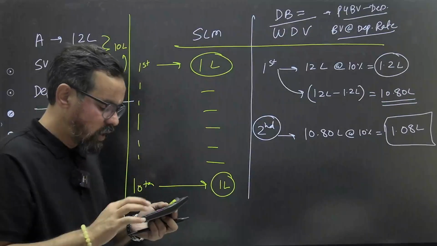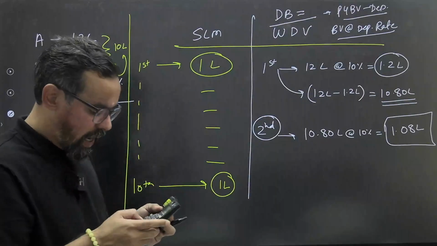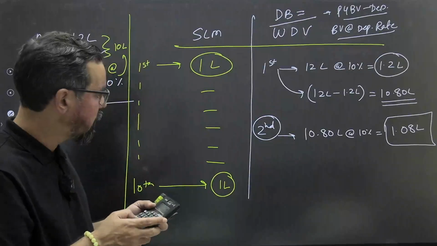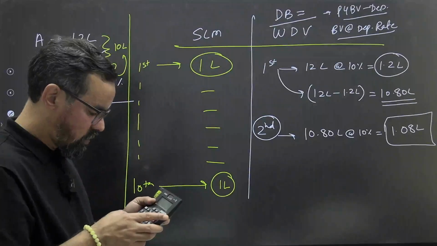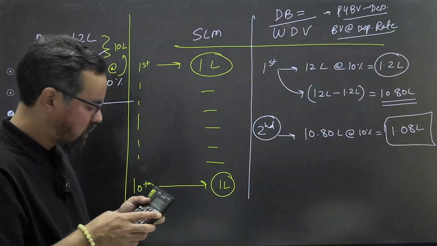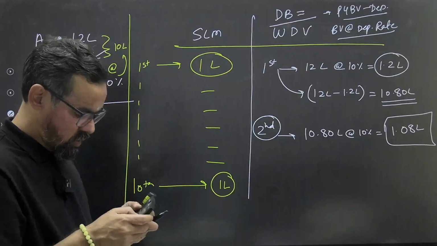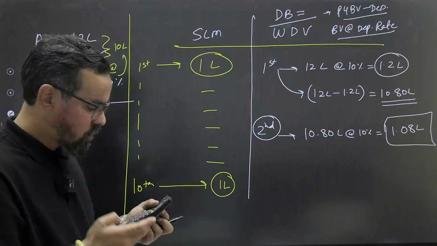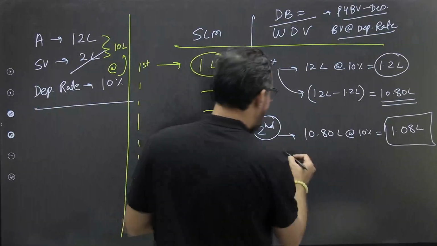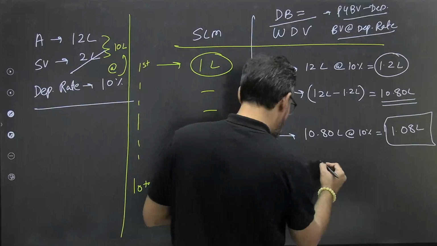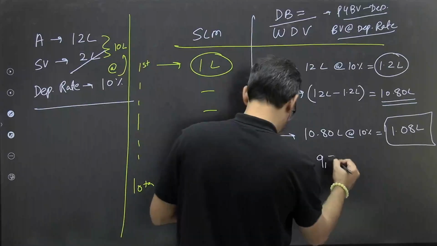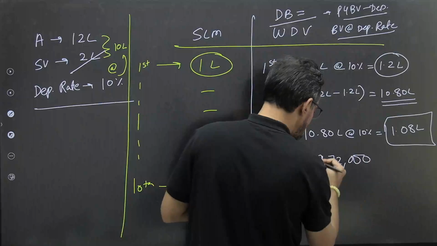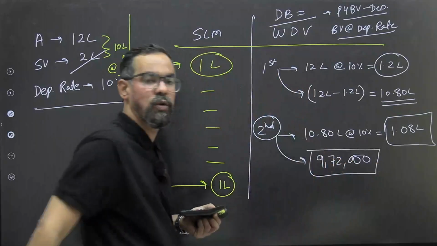Now, minus the 1 lakh 8,000 depreciation, if we reduce this, the asset value or the book value at the end of the second year will be 9 lakh 72,000, right? This is the book value at the end of the second year.